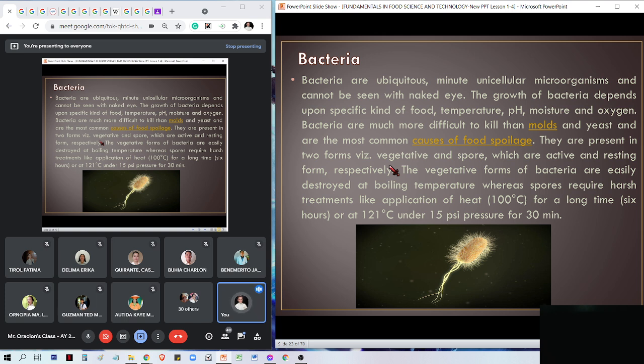Bacteria are much more difficult to kill than molds and yeast, and are the most common causes of food spoilage.